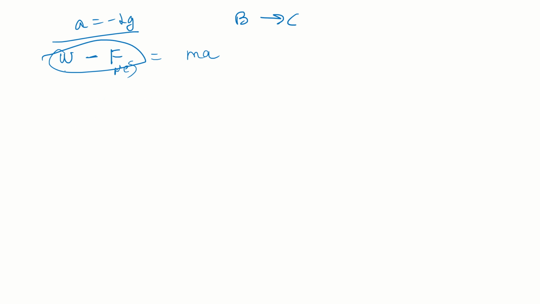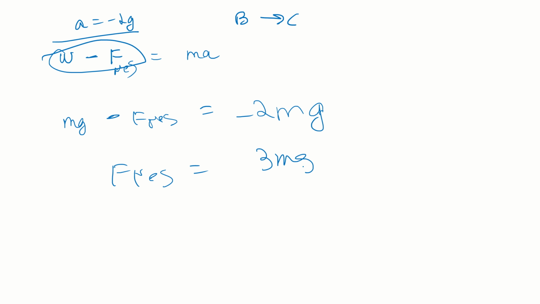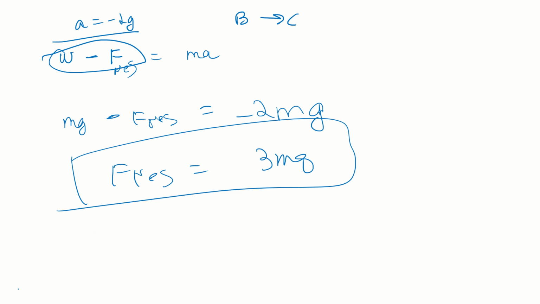So W is obviously mg and resistive force we have to calculate, and that will be minus 2mg. So we get F resistive is equals to 3 mg, and that is literally the answer.